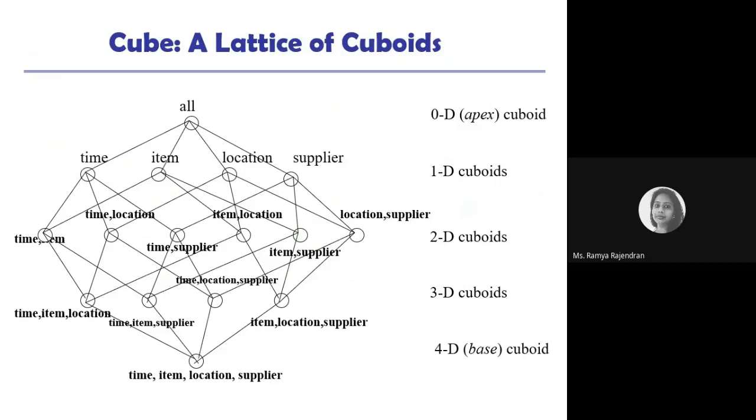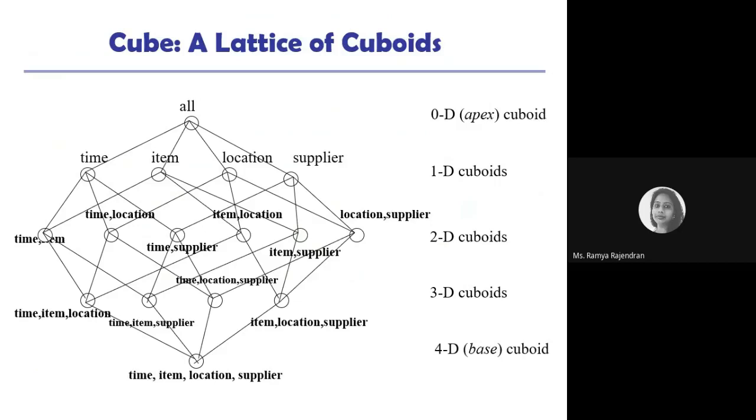We can combine time and item, time and location, time and supplier, item and location, item and supplier. Likewise we are combining 2 different tables.